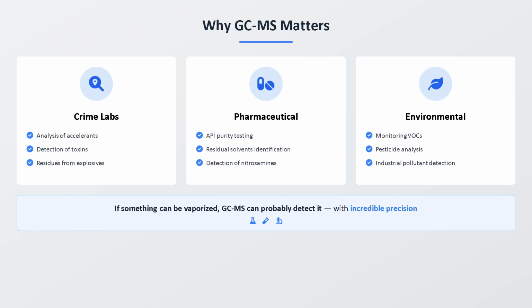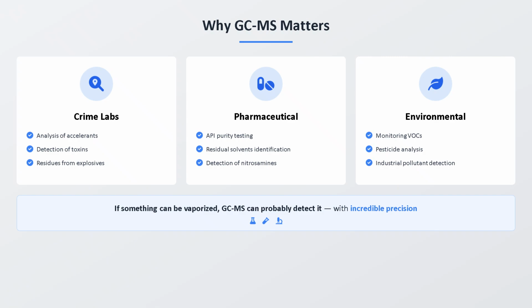GC-MS is one of those instruments that quietly influences nearly every scientific field. In crime labs, it helps investigators detect accelerants, identify toxins, and analyze explosive residues. In pharmaceuticals, it ensures API purity, uncovers residual solvents, and even detects nitrosamines in drug products.